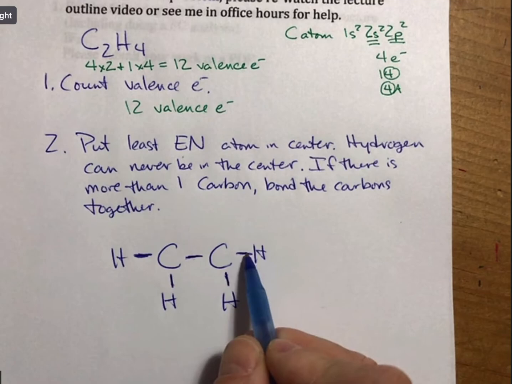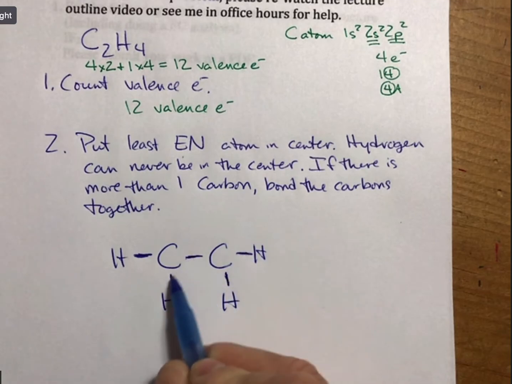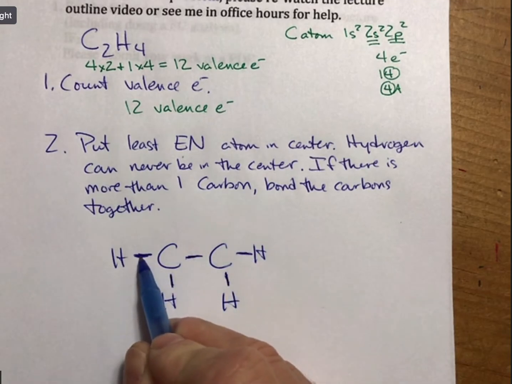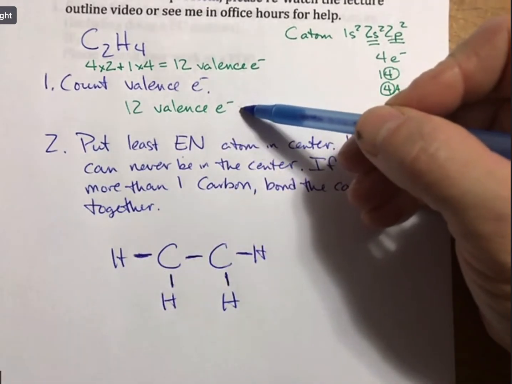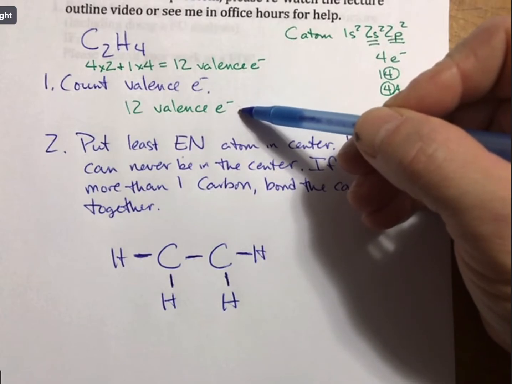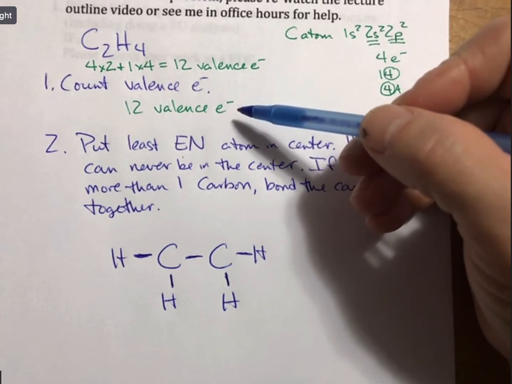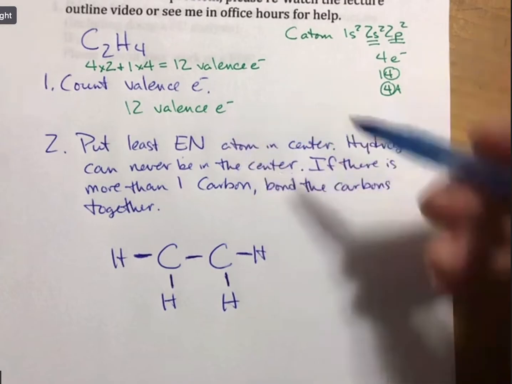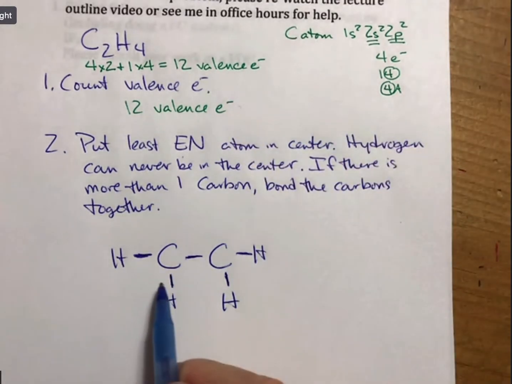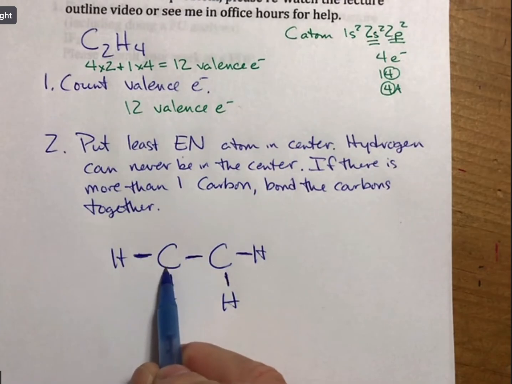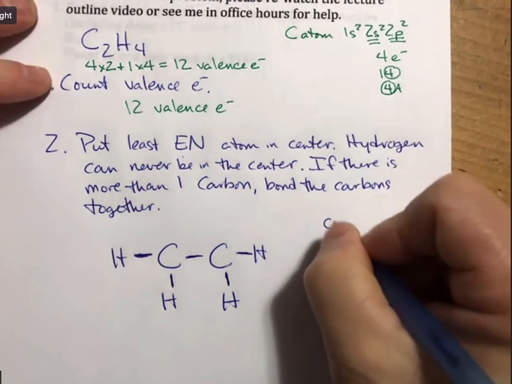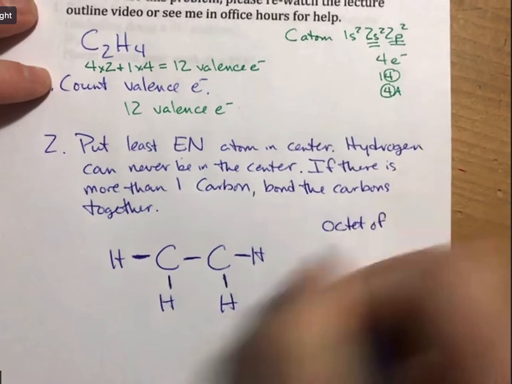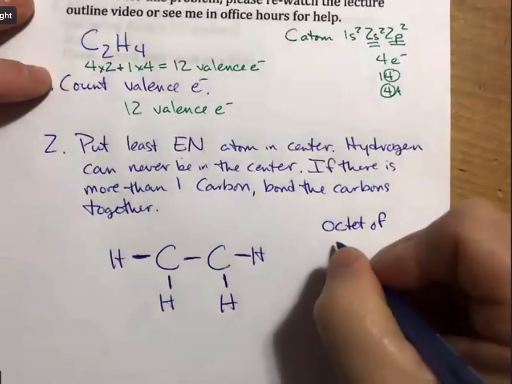So if I count them up, I have 2, 4, 6, 8, 10 electrons in here already. I only have 12 electrons to put into this entire Lewis structure. So I only have 2 electrons left. And when I look at this carbon, the goal for each carbon, each atom really other than hydrogen, is for it to have an octet of shared electrons.